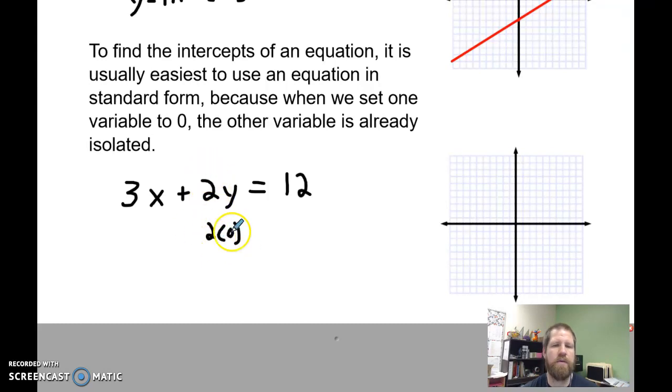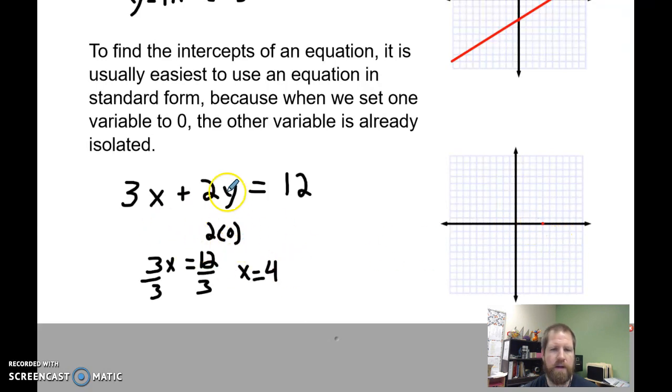Doesn't matter what this number is, it's always going to eliminate this value. And I'm going to be left with just my 3 times x equals 12. And that's something I can solve. Divide by 3, divide by 3, x equals 4. And that's my x-intercept, because that's the value of x where y is 0. Where y is 0, the value of x is 1, 2, 3, 4.